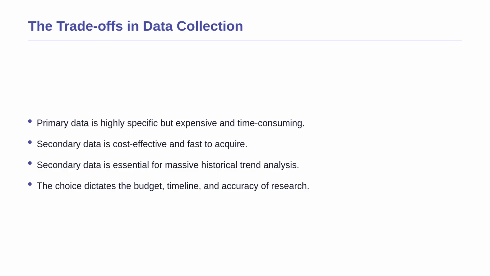However, collecting this data is notoriously expensive, labor-intensive, and time-consuming. On the other hand, secondary data becomes a lifesaver when researchers have limited funding. It is also the only way to analyze massive historical trends, like tracking the spread of a disease over the last century, which would be physically impossible to collect firsthand today.